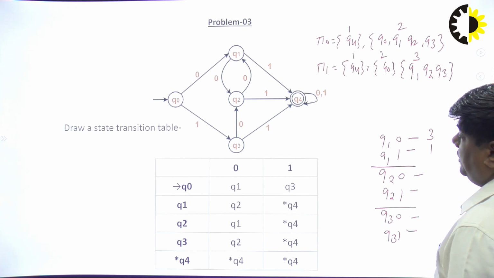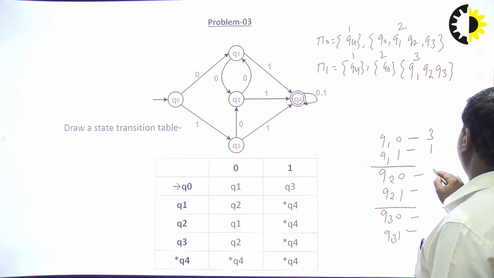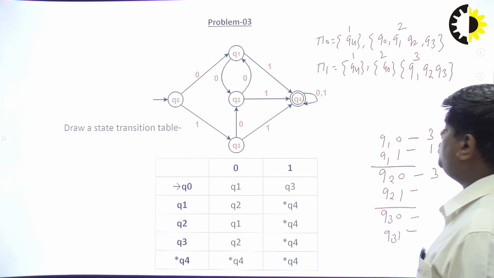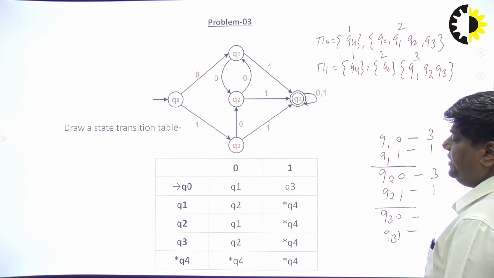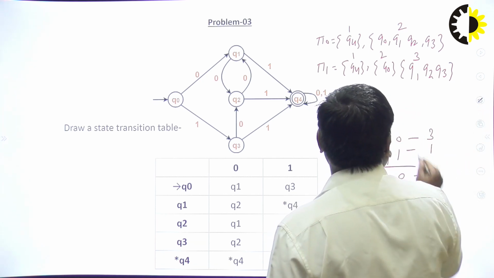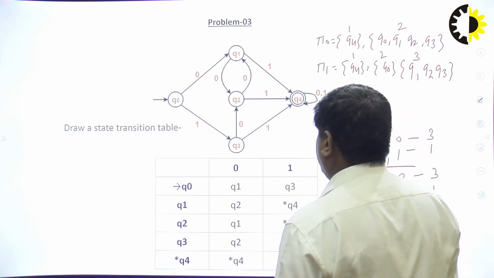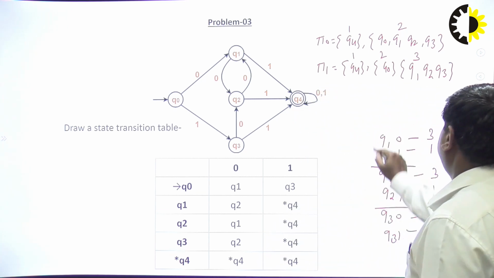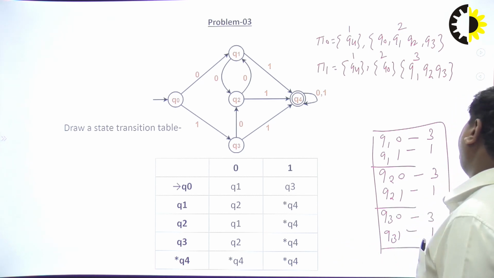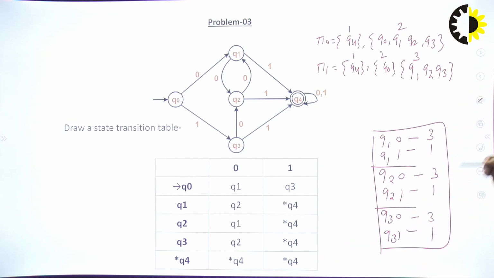Q2 on 0 is Q1, which is 3, and Q2 on 1 is Q4, which is 1. Q3 on 0 is Q2, which is 3, and Q3 on 1 is Q4, which is 1. It means these three states have the same transition function, 3 1, 3 1, 3 1.